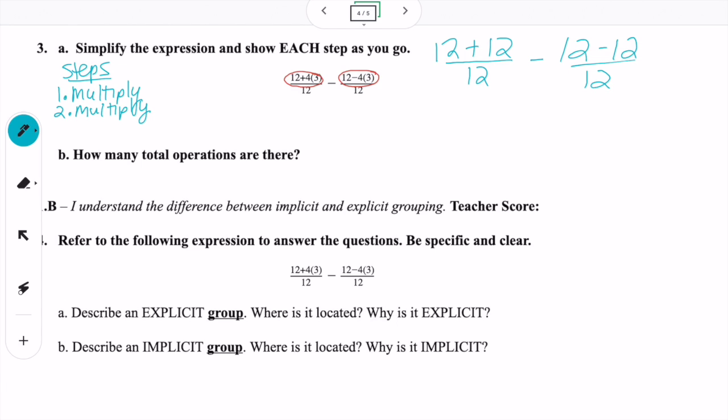We count them each individually. Now, if I look at the expression that's left, the numerators are not completely simplified. So we need to keep going and simplify the numerators. I'll start on the left. We need to add. 12 plus 12 is 24. That's one step to add.